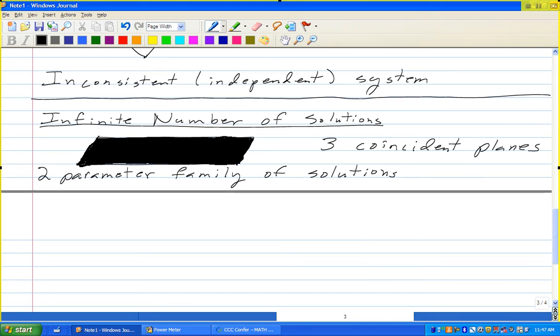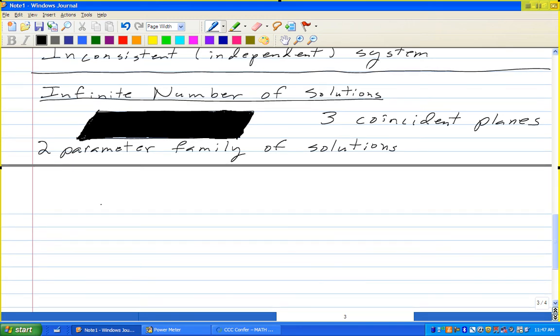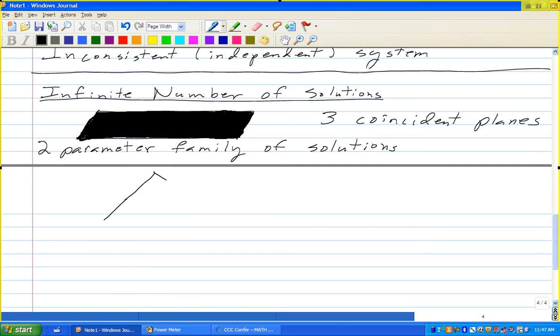I can also look at the case where we have, say, one plane going this way, another plane going this way. So if they intersect along, let's say, this line, and then I have another plane going this way, which also intersects along this line.